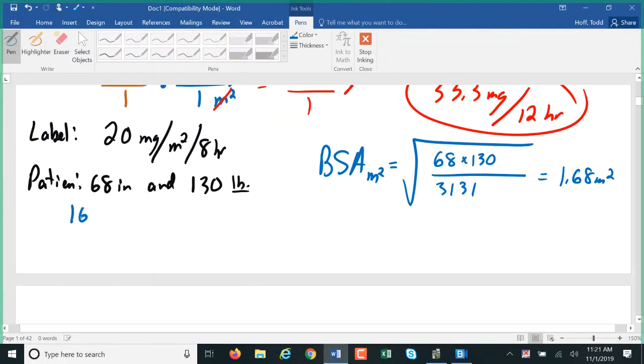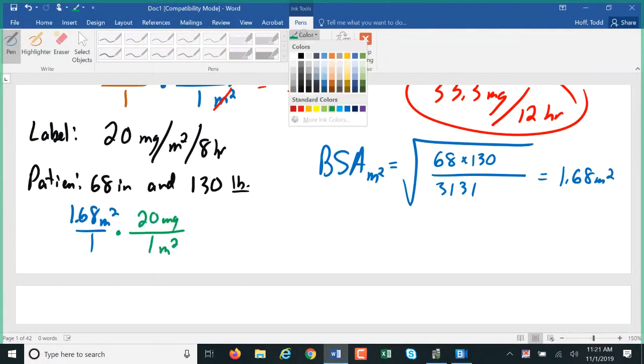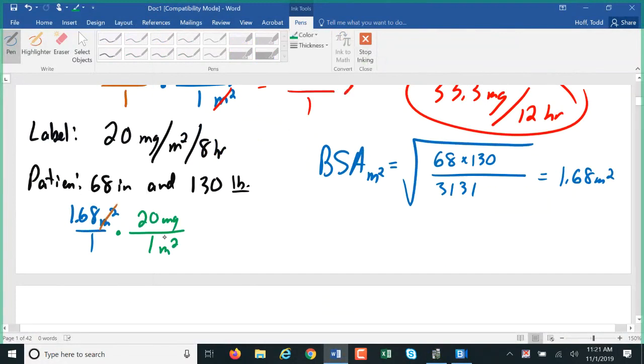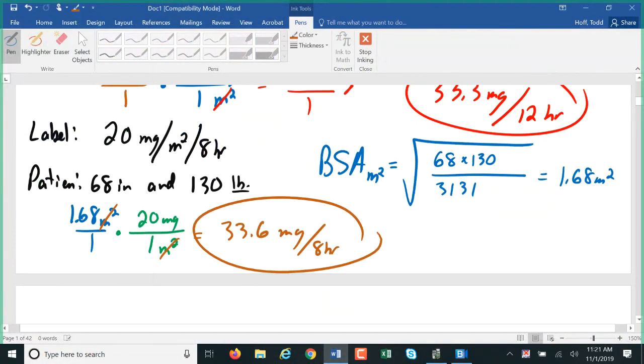So we start out 1.68 meters squared over 1 times 20 milligrams per meter squared. Meters squared cancels out, at 33.6 milligrams every 8 hours. Any questions?